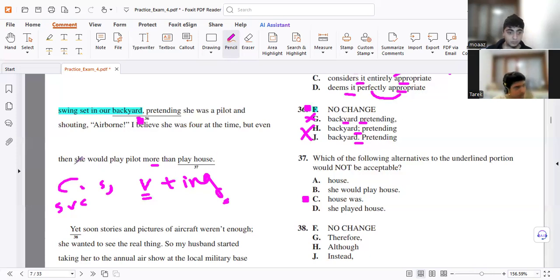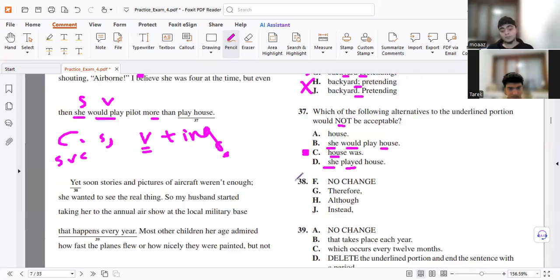So we compare between "she would play," subject and verb. Right? So I can say "more than house." But "house was"? You compare between house, was, of course wrong. But it can be like that, subject verb, as it is. Feel it? Right. Good job. So see, it changes the meaning.